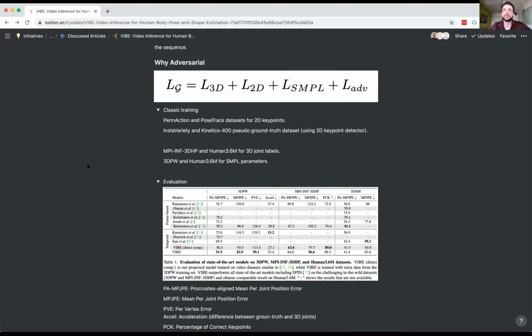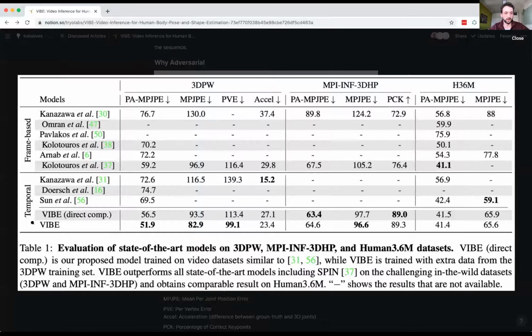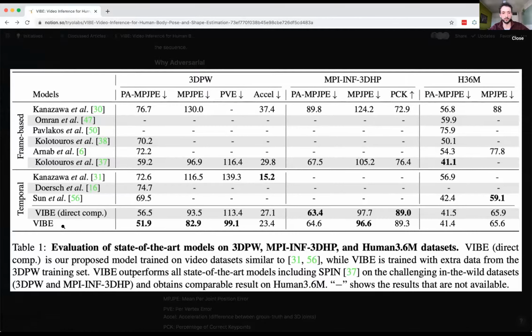Yeah, they don't mention having any weights, but they do the training in steps. For example, the SMPL loss is only used at the end. We were talking about how they do ablation experiments. Here in the evaluation, you can see that they have a direct comparison and the final VIBE.